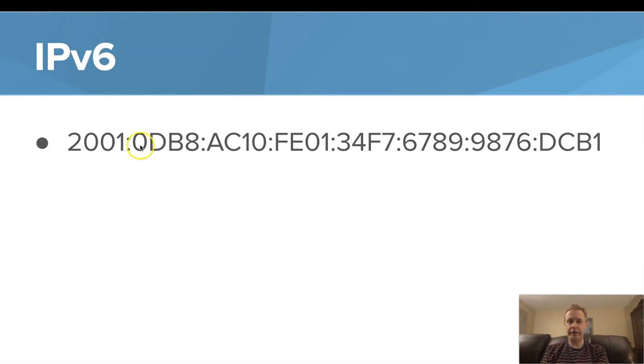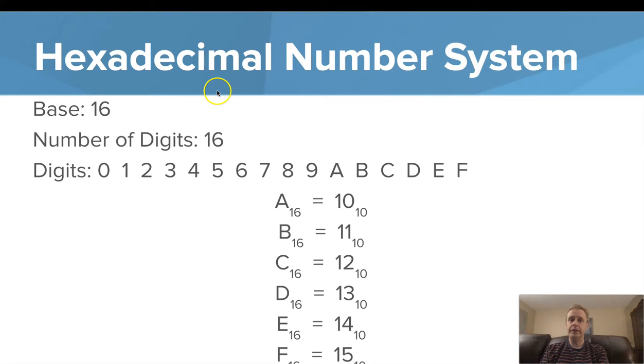And if you notice in here, you notice perhaps not just the decimal digits, but you notice these digits here, D and B. And you might recognize that those digits are what we have within our hexadecimal system. And so if you recall hexadecimal numbers, there are 16 digits in the hexadecimal number system.